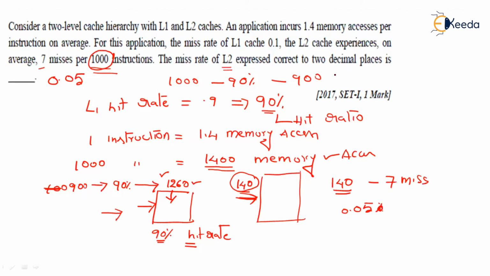So only for the remaining 100, we go to L2 cache. These 100 instructions are going to incur 140 memory accesses. So only out of 140, you are going to check the total number of misses, which is equal to 7. So the rate will be equal to 0.05. That is the correct answer.